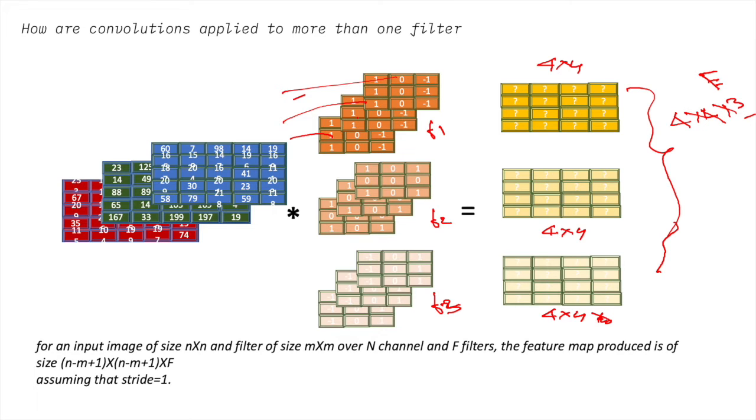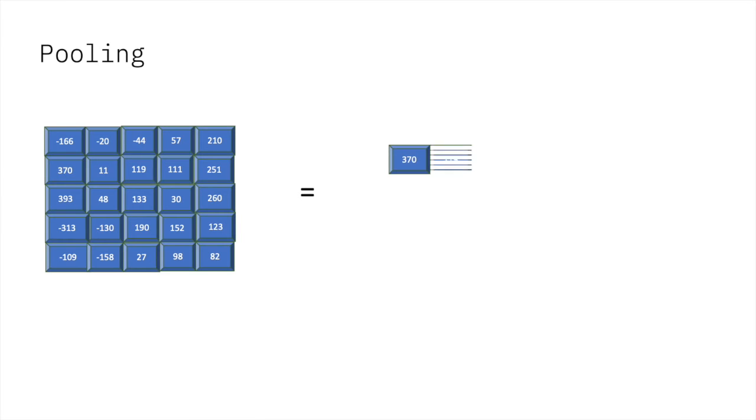And that's how you generalize the dimension of your feature map. This is assuming that the stride is 1, and the size of the feature map would actually change with the change in your filter size and the size of your input image. That said, we'll move on to the next topic, which is pooling.